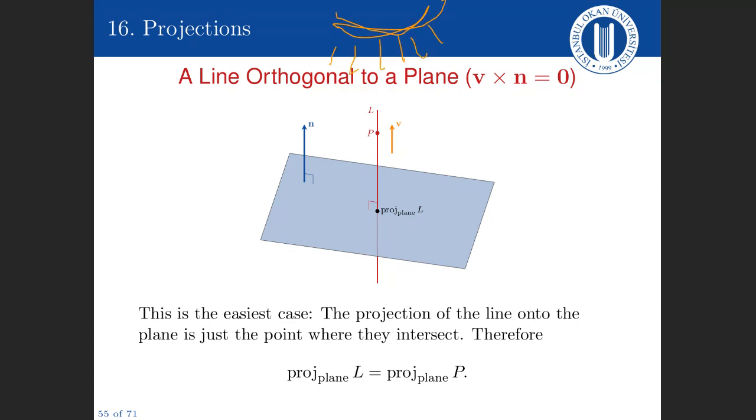Where is the shadow of the line on the plane? The answer is it's only this point here. The projection of the line onto the plane, the shadow, is just the point where they intersect. So the projection of the line L onto the plane would be the same as the projection of the point P onto the plane.